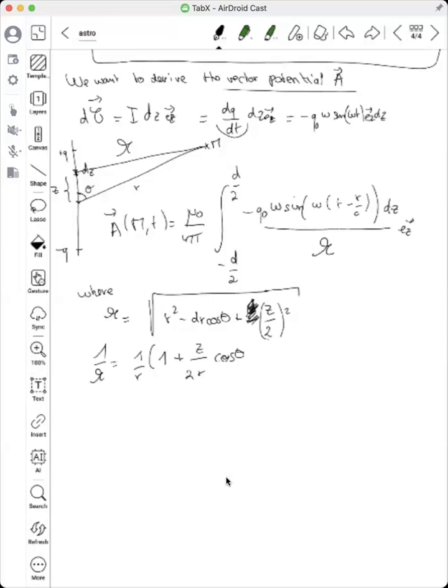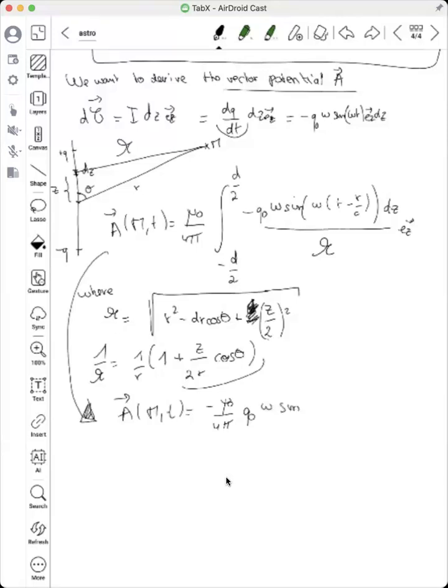If I rewrite this, I have that A is equal to minus mu 0 over 4 pi Q0. It's a vector, of course. This term I will neglect later, actually.